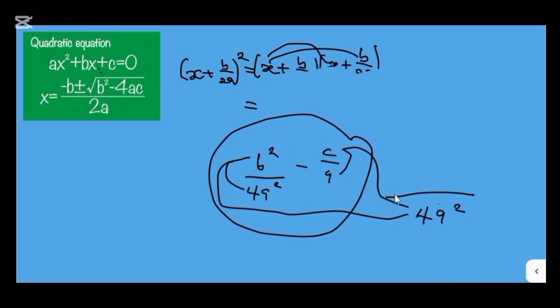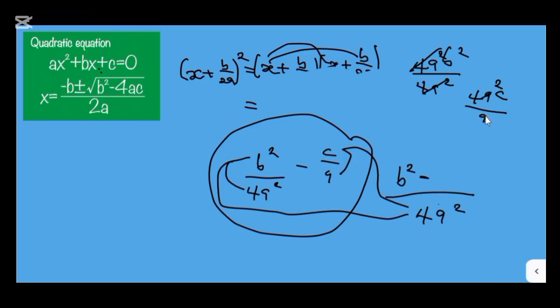Now how does it happen like that? 4a squared multiplied by b squared will be 4a squared b squared. If you divide it by 4a squared, 4a squared will cancel 4a squared. So what you're having here is b squared minus 4a squared times c, all over a.